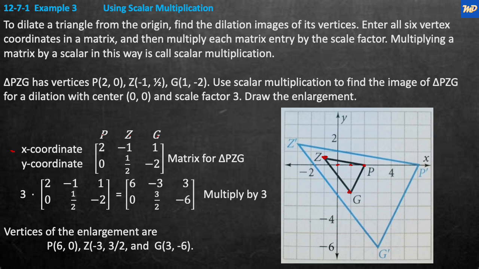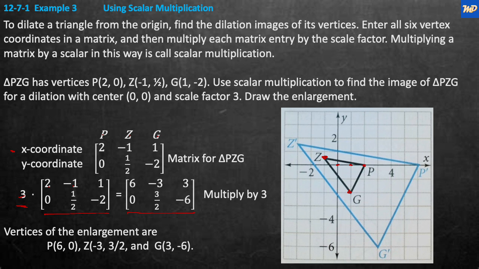Now in the next step, they're saying to multiply the matrix that we just filled out, the PZG matrix, by 3. Here's the 3 we're multiplying by. To do scalar multiplication, you just take that 3 and multiply it by each term in the matrix, filling in a new matrix on the other side of the equal sign.